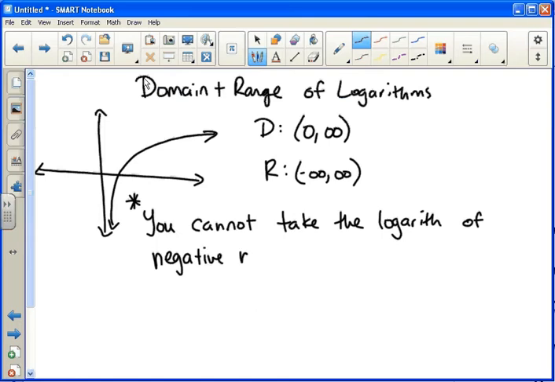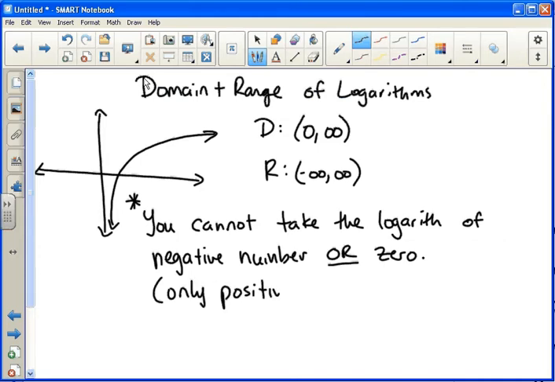So only positive numbers work. I'll just write that. Only positive numbers work. That means no negatives, no zeros.